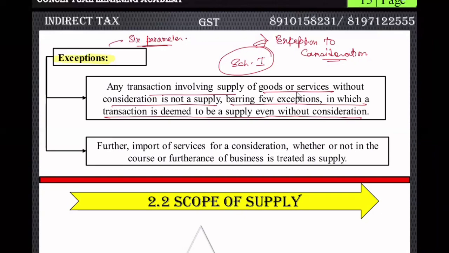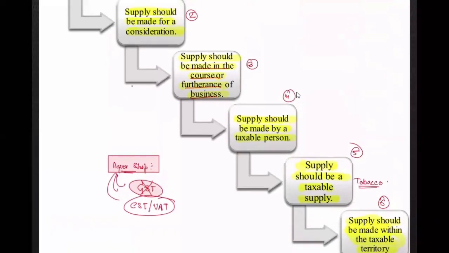Next, further import of service for consideration, whether or not in the course or furtherance of business, is treated as supply. See what they are saying. They are clearly mentioning something. Further import of service means if you are importing service from outside India for consideration, okay, consideration should be there, whether or not in the course or furtherance of business is treated as supply. Now, here only we read this point.